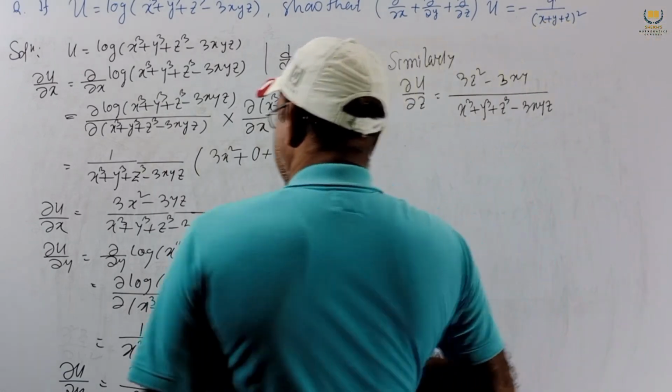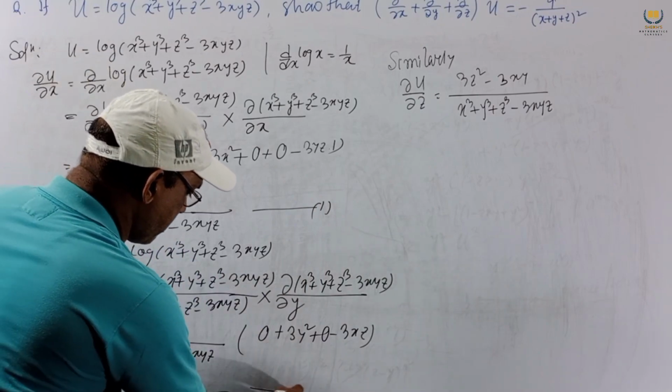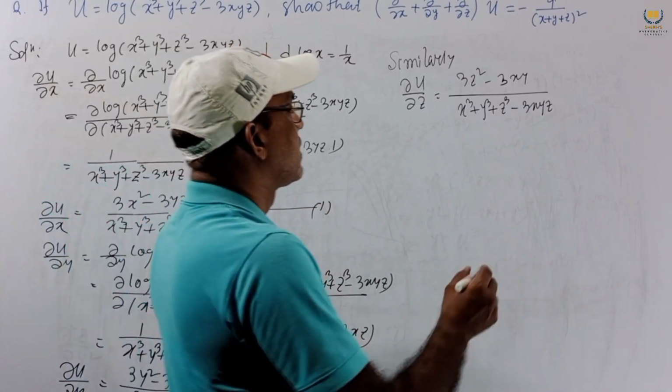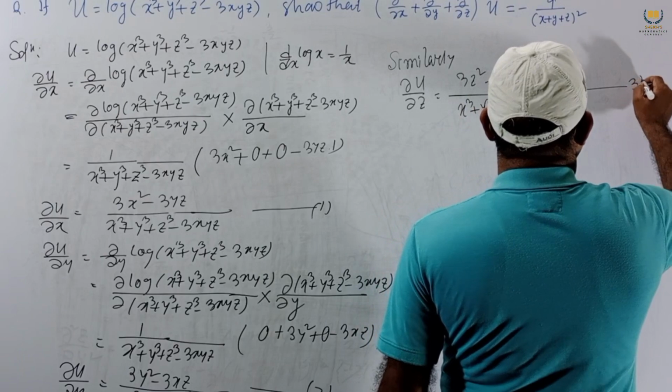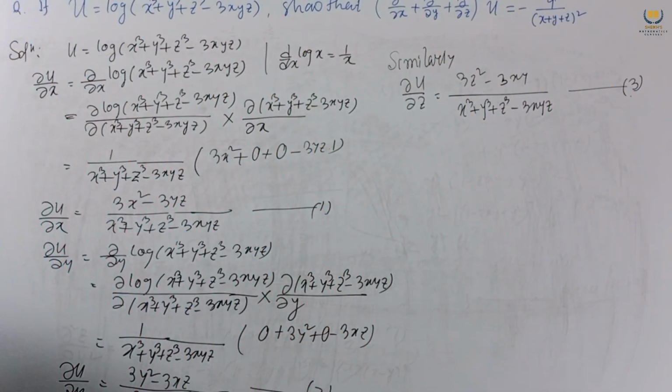So these are the values. Now we consider this is number 1, this is number 2, this is number 3.